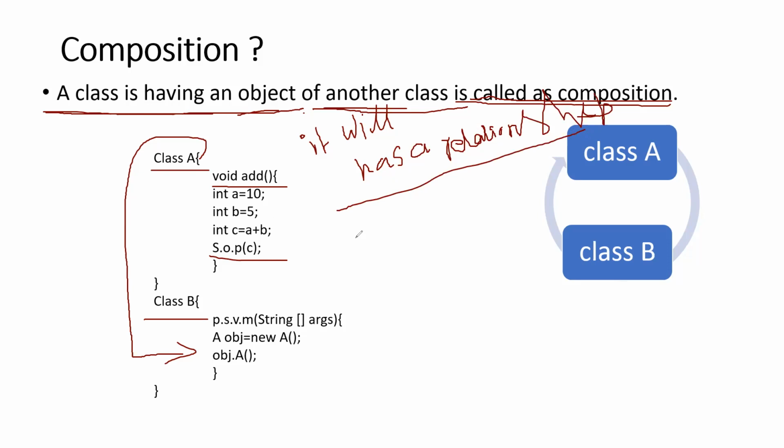A class having an object of another class is called composition.